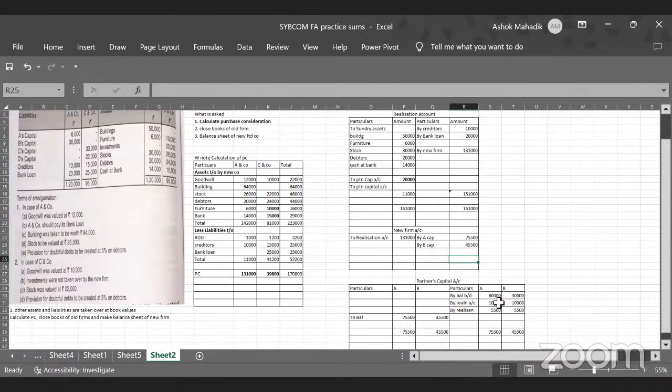Okay, 75 and 40, 20. Just a minute. 142 is correct. RDD 11, 131.